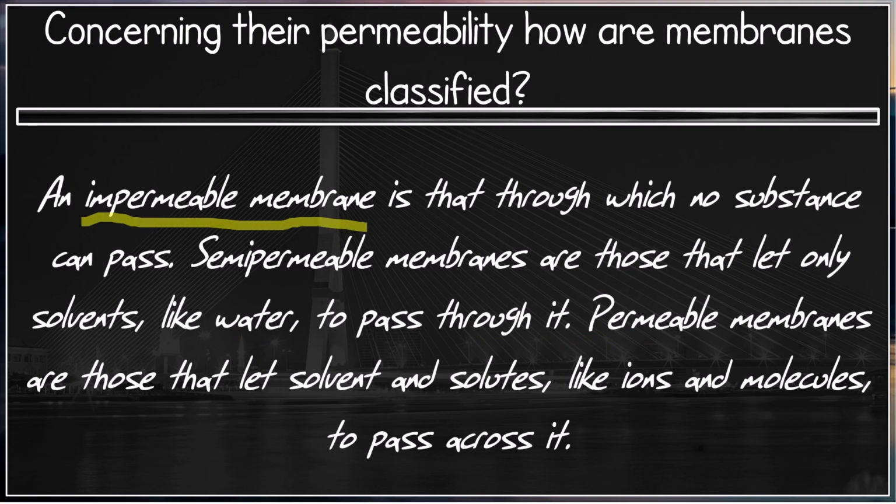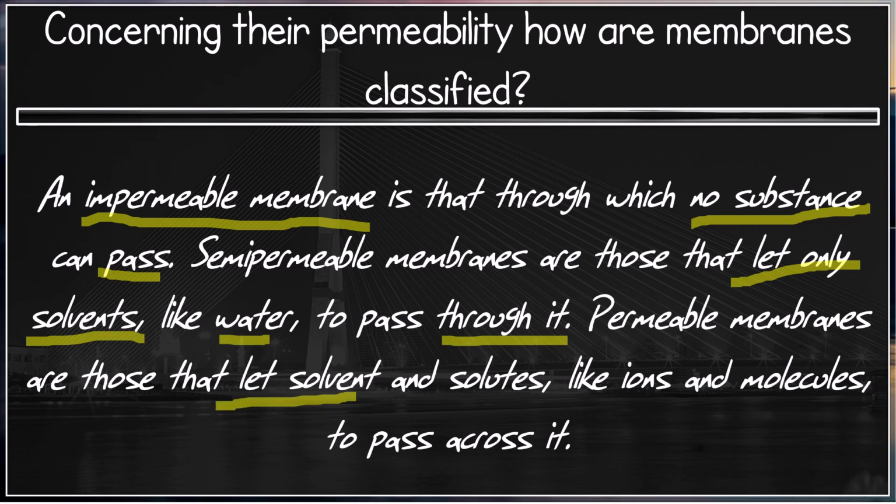An impermeable membrane is that through which no substance passes. Semi-permeable membranes are those that let only solvent like water pass through them. And permeable membranes are those that let solvent and solutes like ions and molecules pass across them.